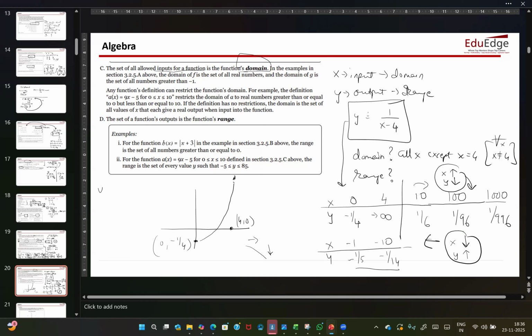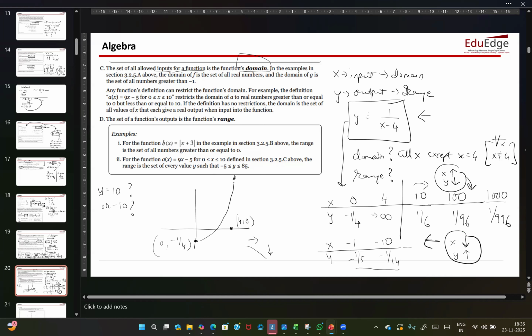When will y become 10 or -10? Look at this equation and tell me. So x should be... I mean, if I solve it... No need to solve, how will I know by looking at it?